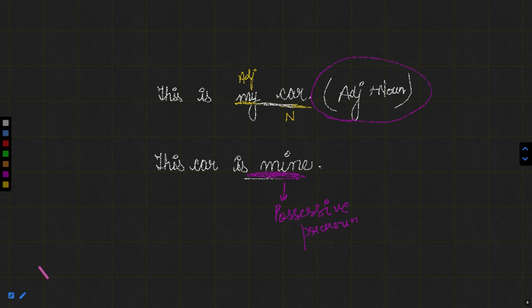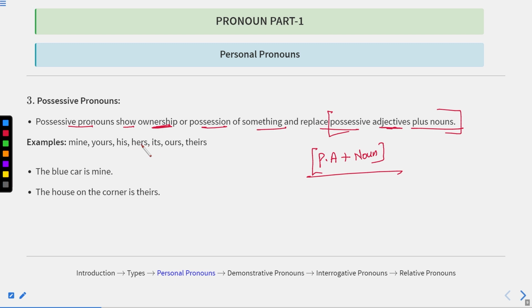So what are the possessive pronouns? Mine, yours, his, hers, its, ours, theirs. So these are possessive pronouns. The blue car is mine. The house on the corner is theirs. It means the house on the corner belongs to them. So mine and theirs are possessive pronouns.